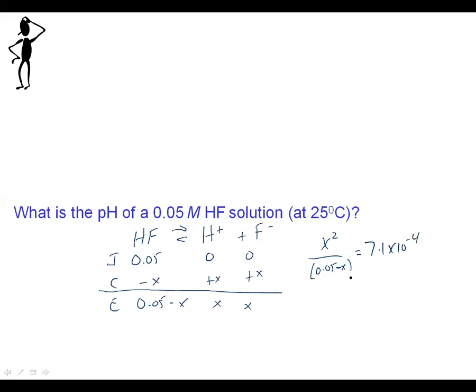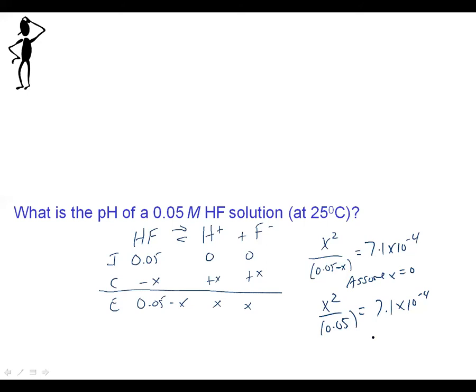If we make our assumption here, this gives us x squared over 0.05 equals 7.1 times 10 to the minus 4. This is essentially the same problem; the only real difference is the concentration. So 0.05 times 7.1 times 10 to the minus 4, and then the square root.